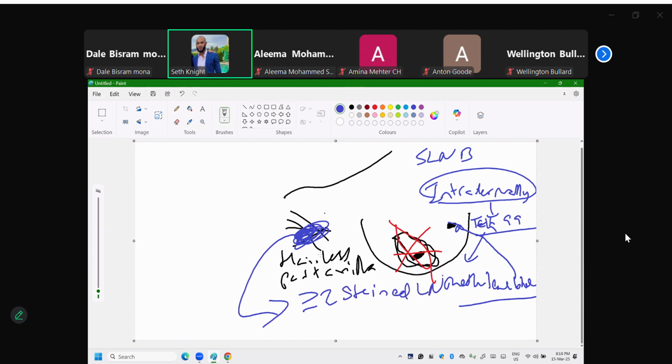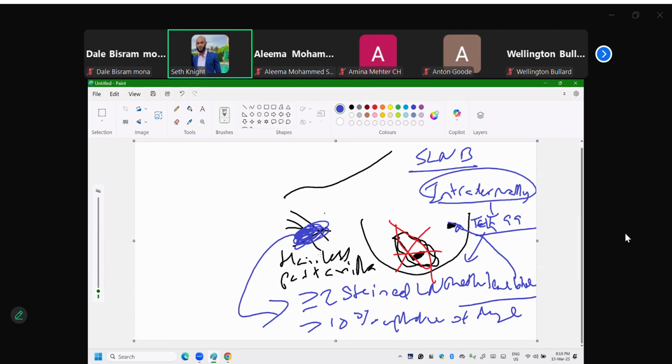So you can write that down. Or if you have more than 10% uptake of your dye, this is significant. And if you get a positive sentinel lymph node biopsy, then you have to do axillary lymph node clearance. The concept is that the sentinel lymph node is the first lymph node that the cancer will spread to.